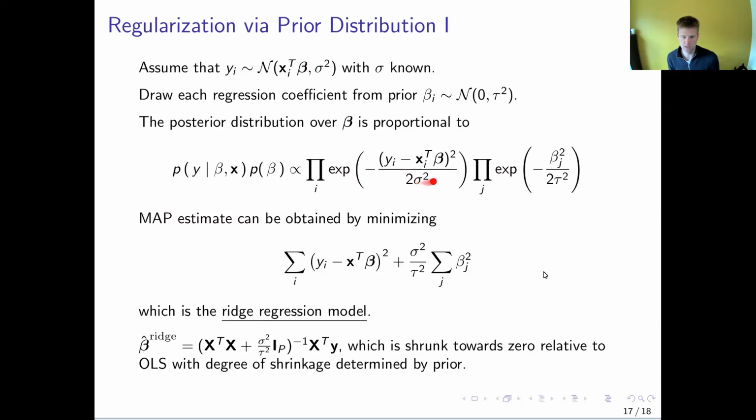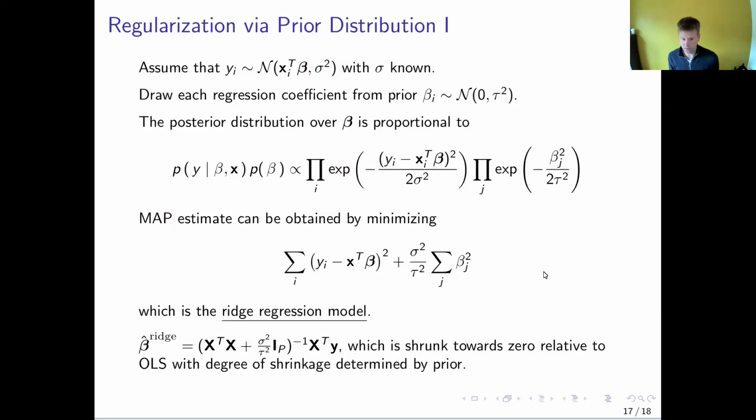So basically the 2 sigma squared and the 2 tau squared. Actually, I should be a bit careful. So that's not exactly true. But if you take the logarithm and manipulate it, you can convince yourself that this is the resulting expression that you want to maximize. Okay.